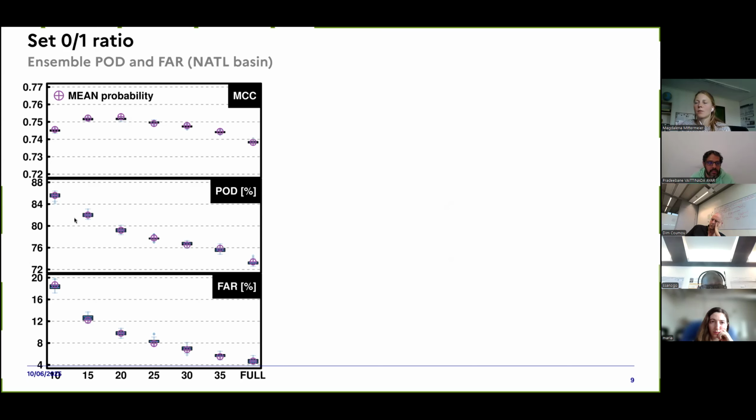Because it's linear, it depends on the importance you give to the probability of detection and the false alarm. Are you rather focused on the probability of detection, or on the false alarm, or do you want both to be quite okay? So it's more like a practical decision you have to make afterwards. Usually people are rather focused on false alarms.